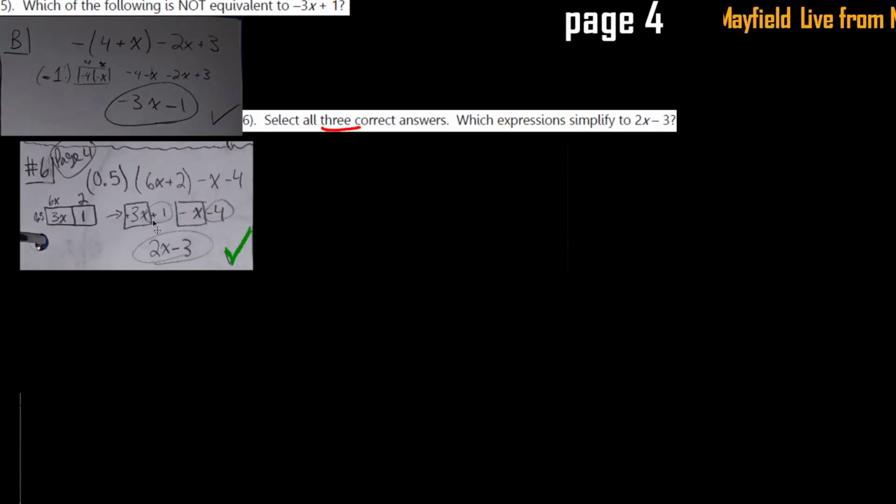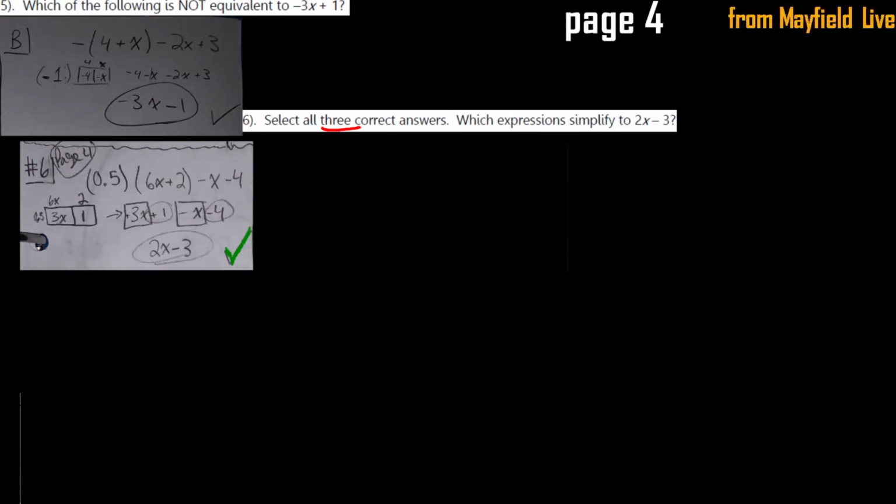So I had 3x plus 1 minus x minus 4. Again, you can box in your variable terms, circle your constants. That way you can see what your like terms are. And that simplifies to 2x minus 3. So I put a nice green check to show what that looks like.